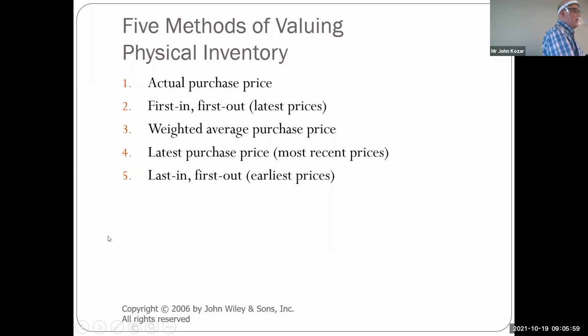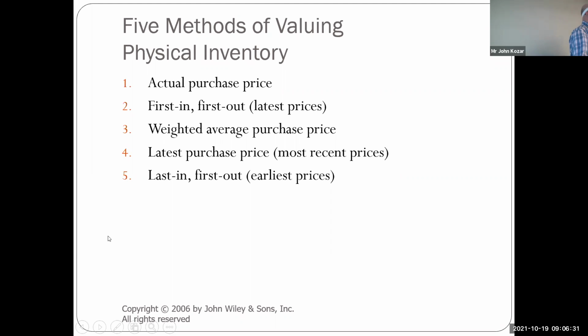Number two, you can assume that you do a rotation that is first in, first out. So you're always using the oldest product first, which is what you're supposed to do in a restaurant. And the way that works is you look at your invoices and look for the freshest product that you purchased.